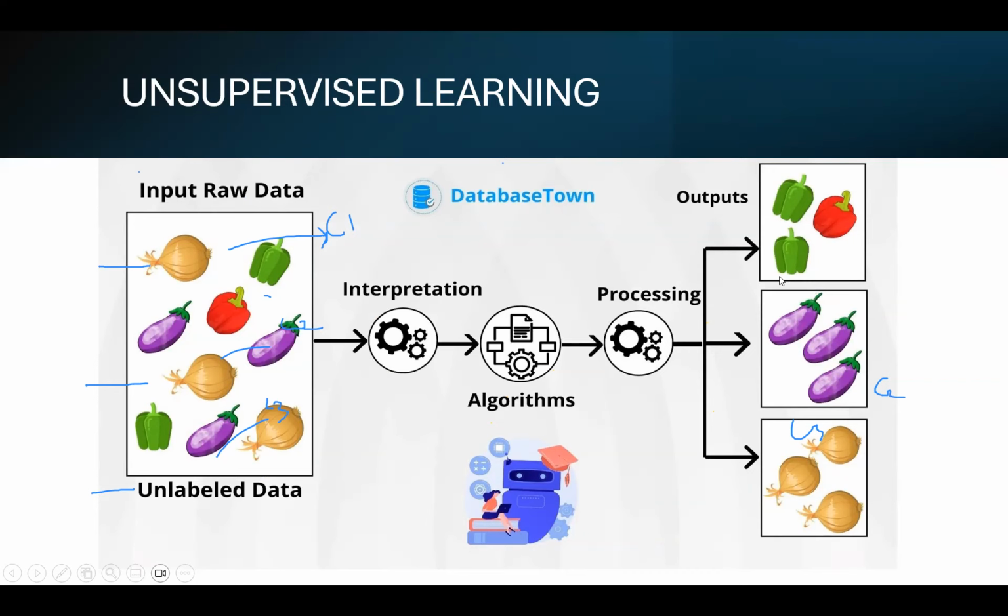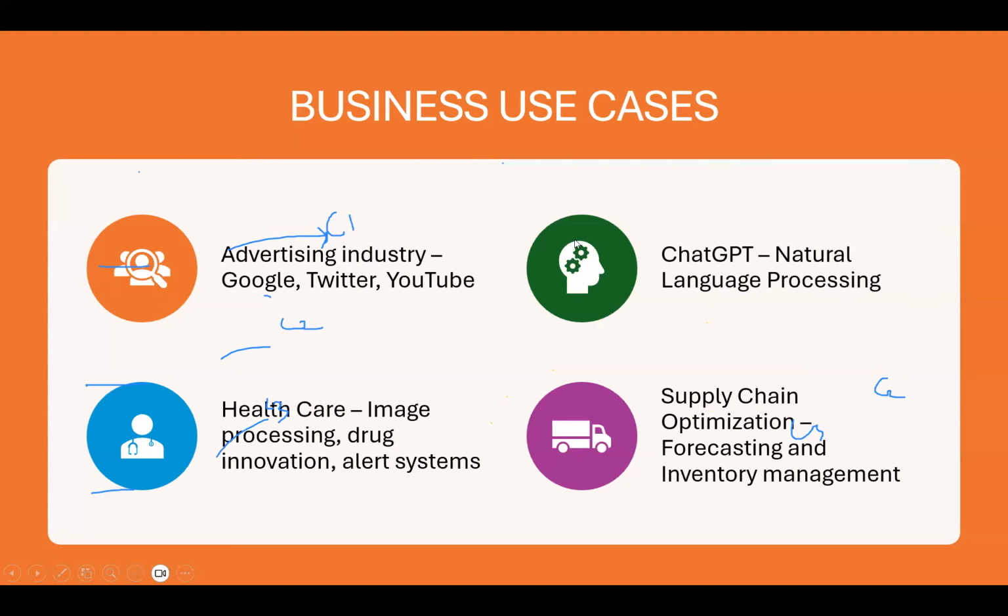Let's take another example of an unsupervised learning problem, like a business case. Take Twitter, for example. I don't know how many people use Twitter here, but Twitter has a column called "For you," and then they have "Following" also.